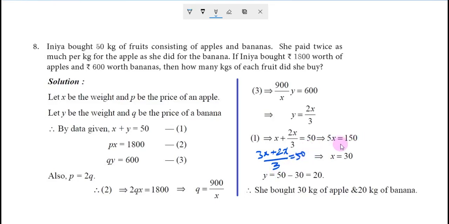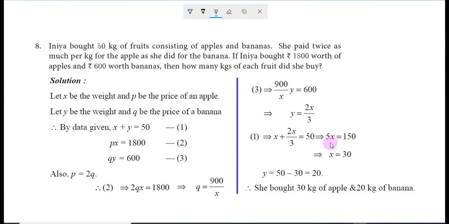So 50 into 3, this is 150. Understood? So 5x equal to 150. And move this 5 to the right side denominator. So x equal to 150 by 5. So cancel using 5 table, here 30, x equal to 30.